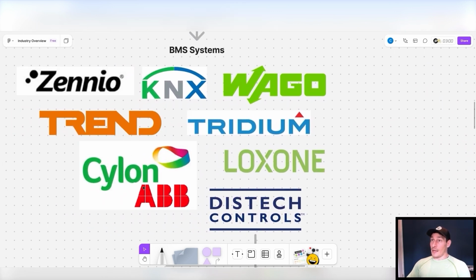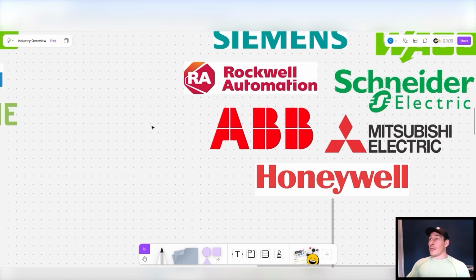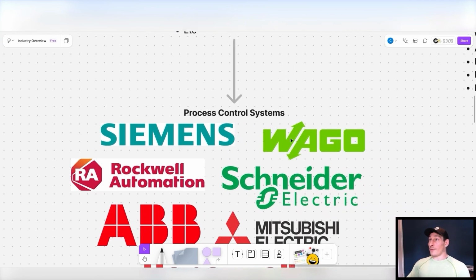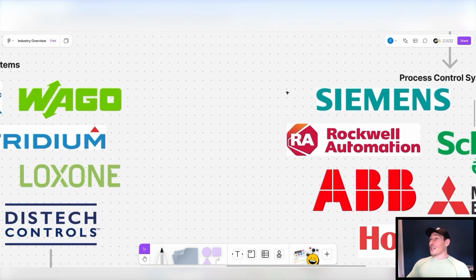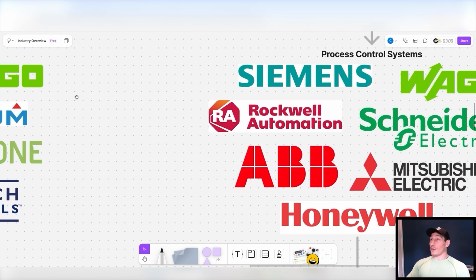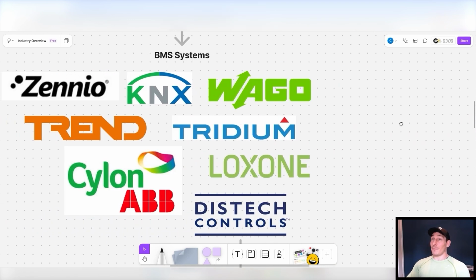So Cylon is owned by ABB, and they focus on more building control. But with ABB, you've got Vargo, which does building control and process control. And you've also got Siemens that does building control as well. You've got Schneider that does building control.